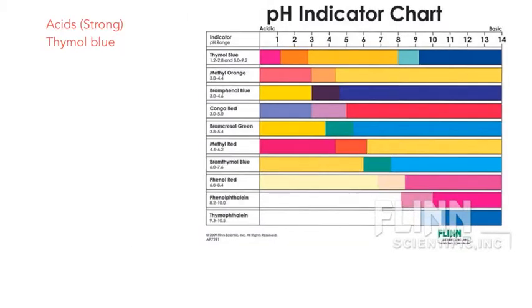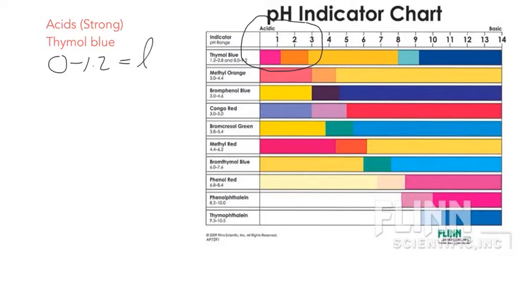So if we're looking at the indicators, thymol blue would actually be a really good indicator for a strong acid, because if we see in our chart, it actually has two different colors at two areas where you have strong acids. So we see that it's fuchsia between 0 and about 1.2. It's fuchsia.